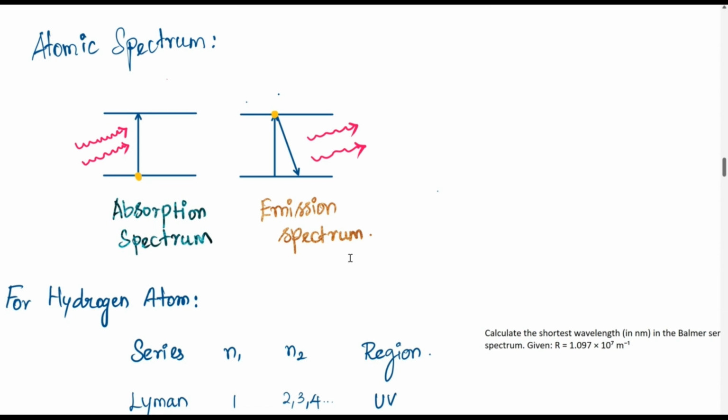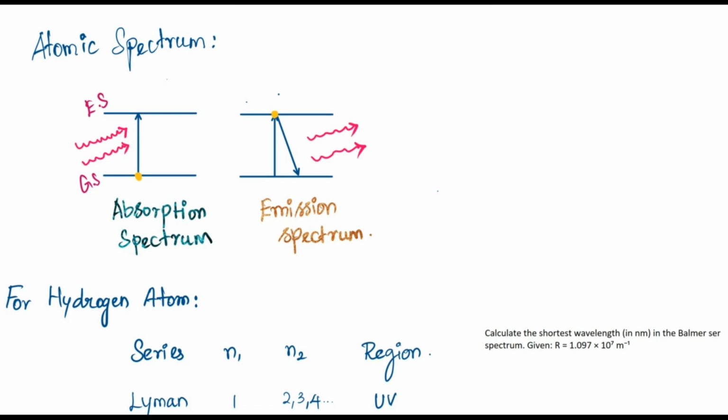Similarly, the electron also behaves like that: it absorbs the energy and goes to the excited level, from ground state to excited state. Upon moving from ground state to excited state, the wavelength this electron absorbs is recorded, and that is called absorption spectrum.